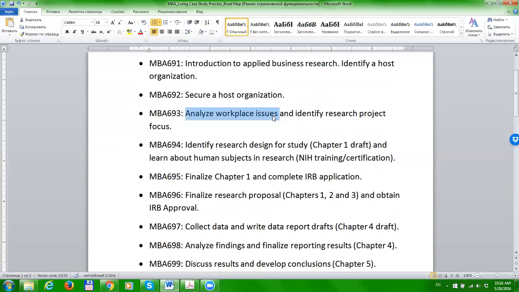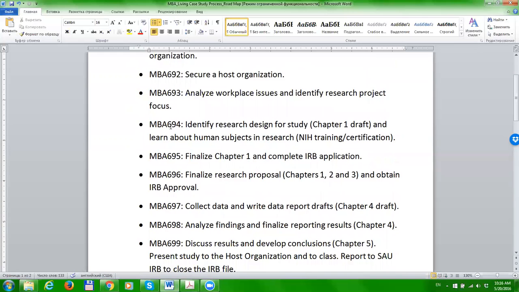What we do, we conduct research, we explore an issue in depth, and we provide our organizations with recommendations on how to make improvements, how to make better decisions. And it is up to our organizations to consider our recommendations or not.